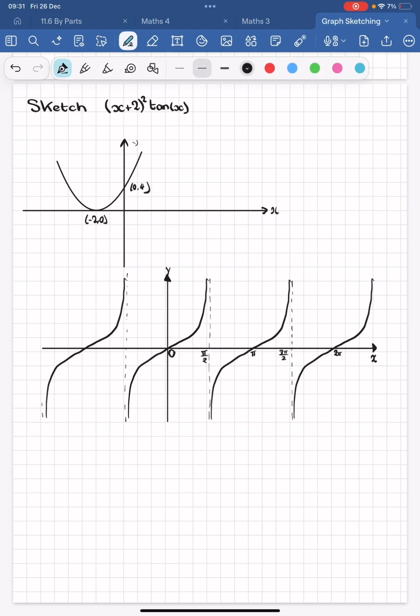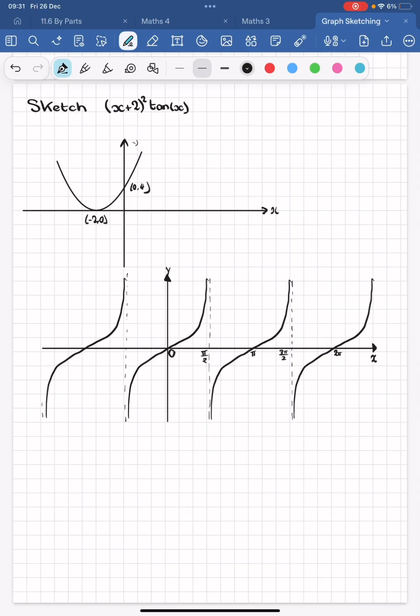Now let's take this sketch part by part. So now let's look at the part where x is larger than 0. For (x + 2)², our graph is always getting bigger, so we can say that it's tending towards infinity.